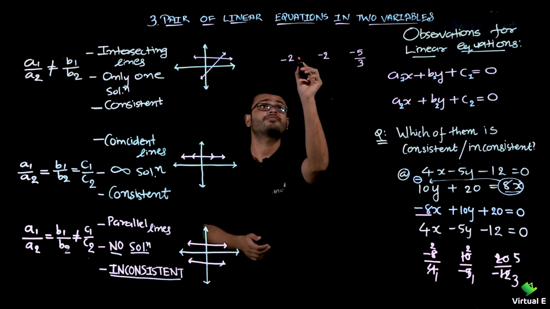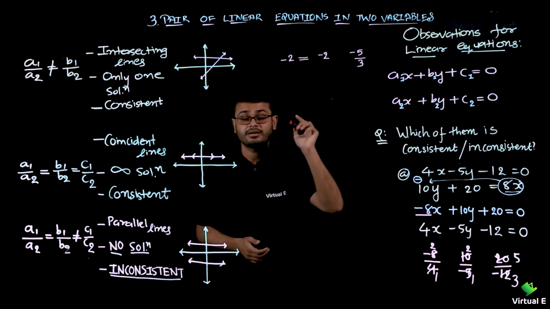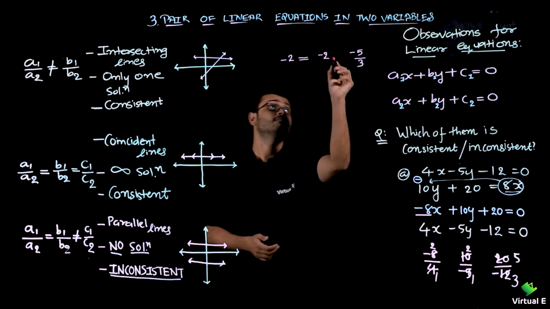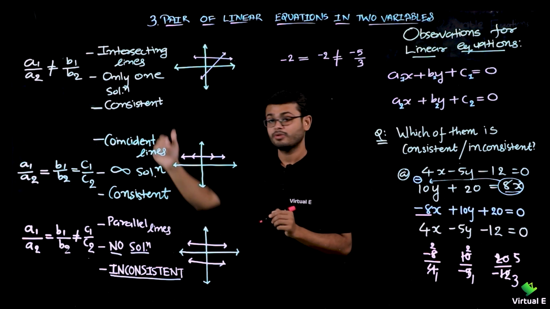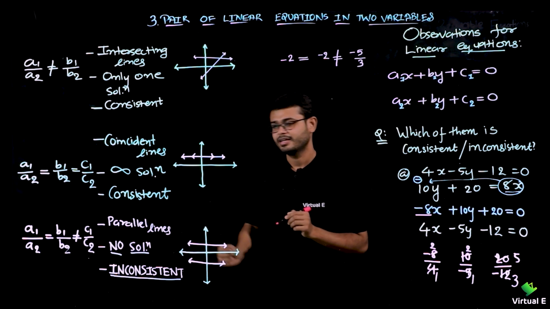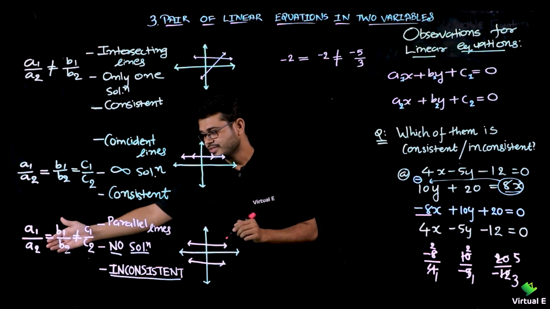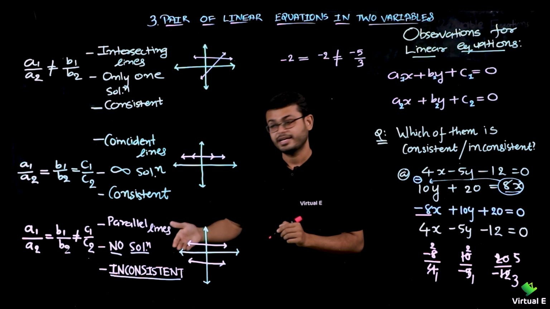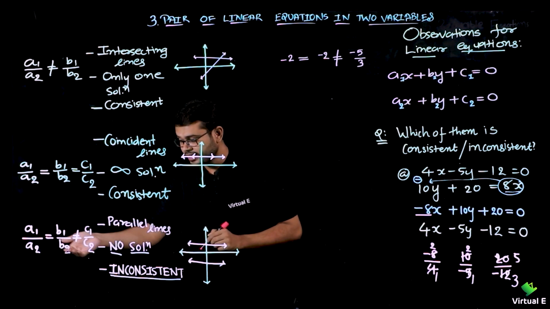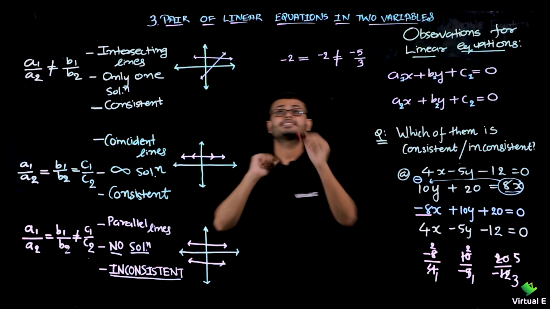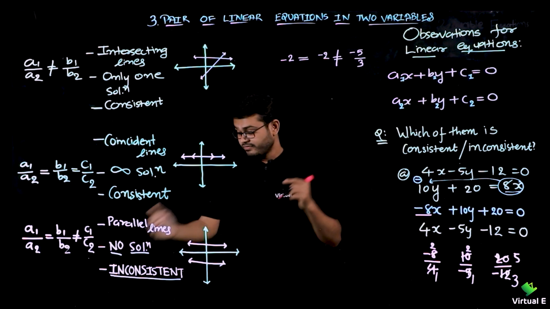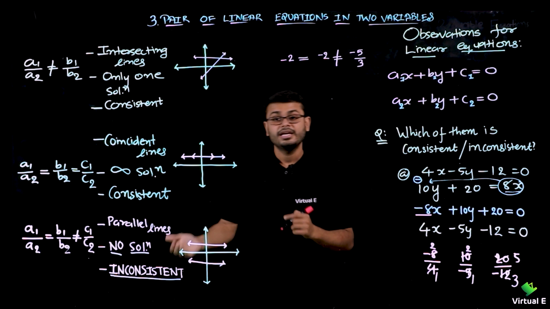So you can say that the first two ratios are equal, but the third is not. So which category is it? Compare over here, you will be able to identify. So that is the case of parallel lines. The first two ratios are equal, but the third is not. So we can say that the system is inconsistent.